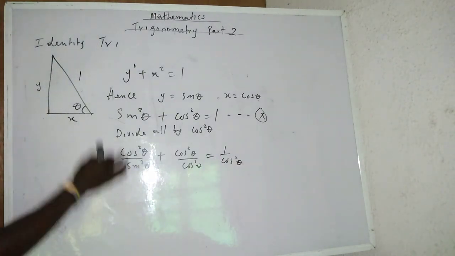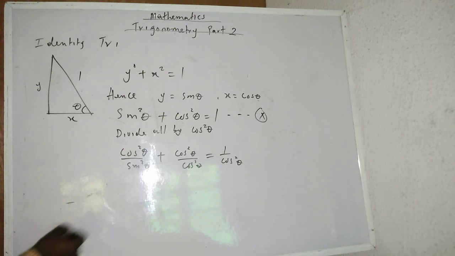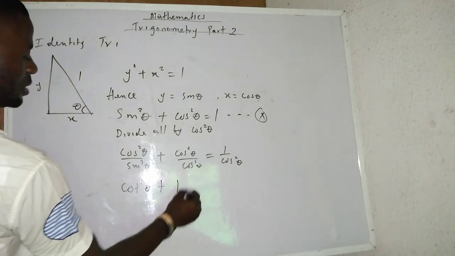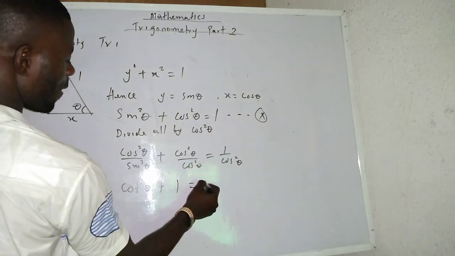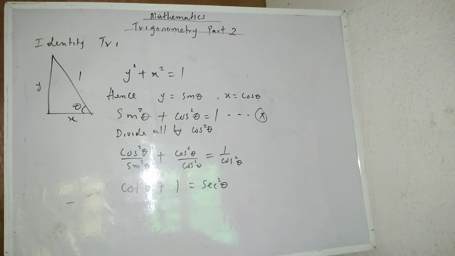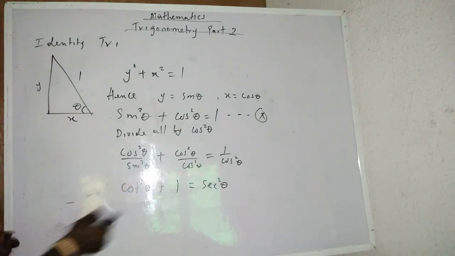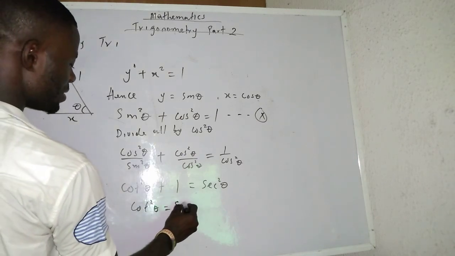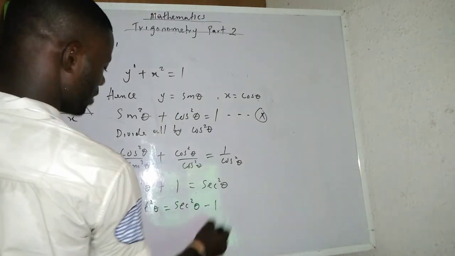Now, this will give me tan square theta plus 1 equals sec square theta. Now, it means my tan square theta can be represented by sec square theta minus 1.